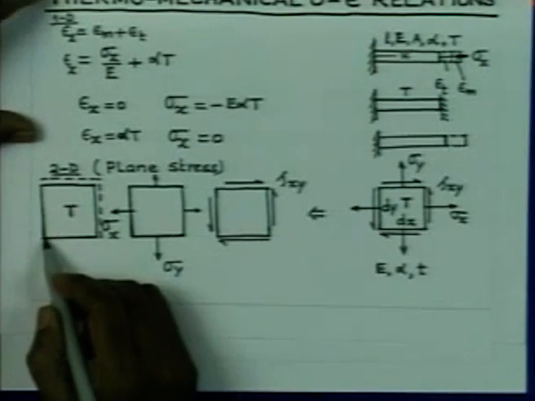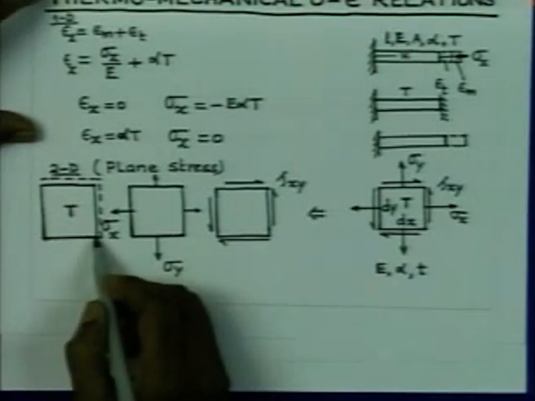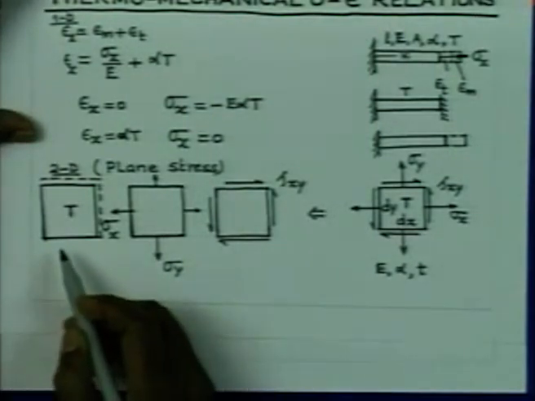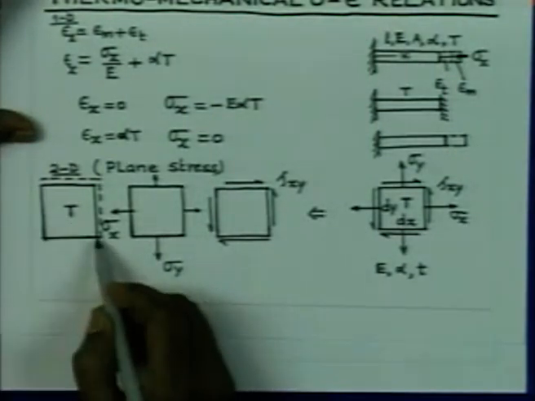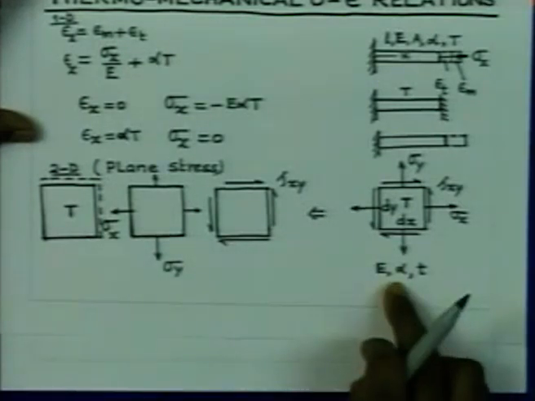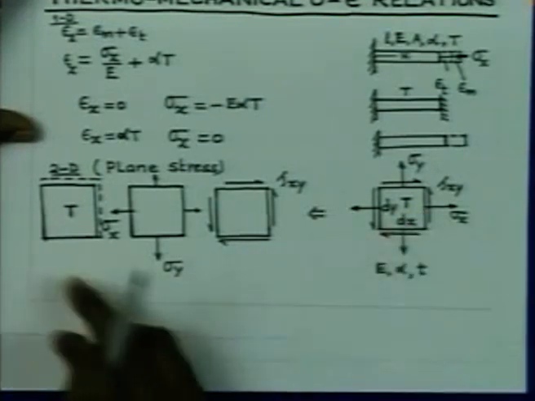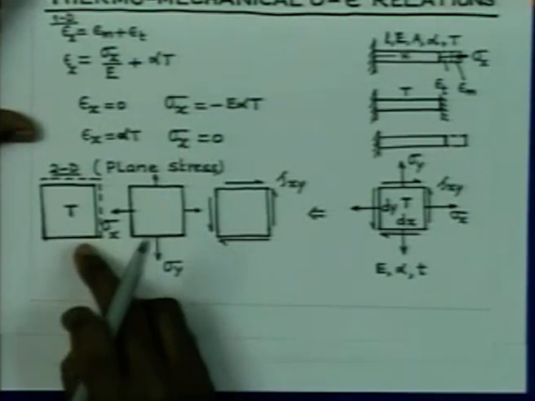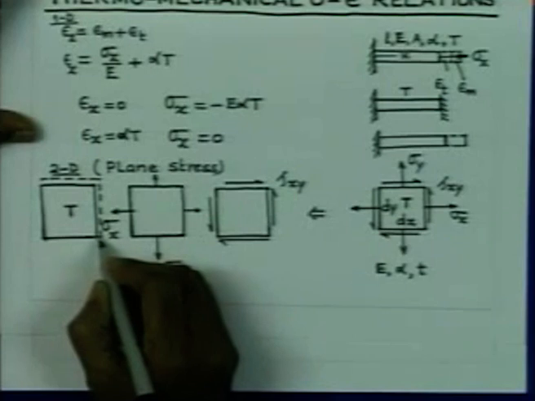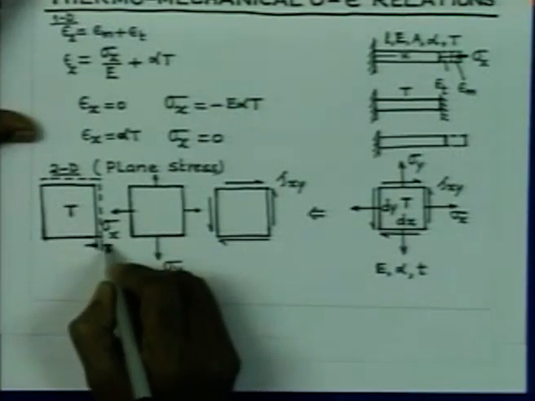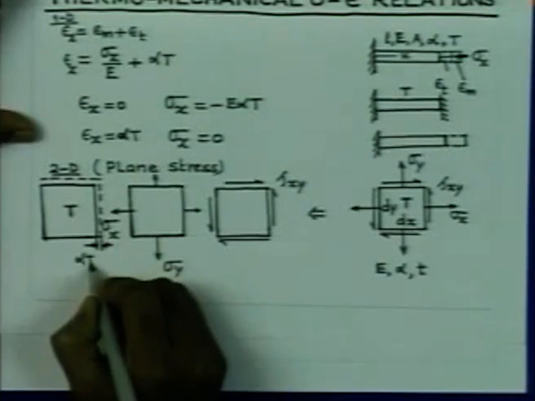See, if this side is equal to dx, under the action of temperature rise, this is going to expand by dx into alpha into T, and therefore, this strain is going to be dx alpha T divided by dx, therefore, it is alpha T. So, the strain in this direction is going to be of magnitude equal to alpha T.